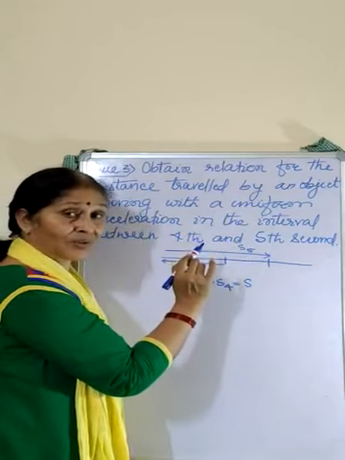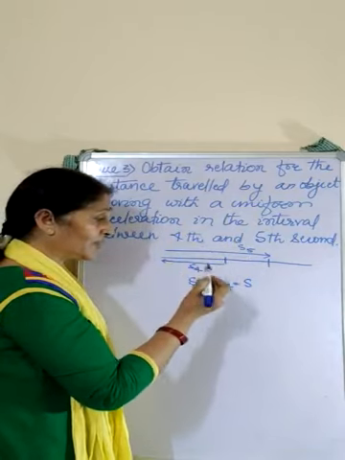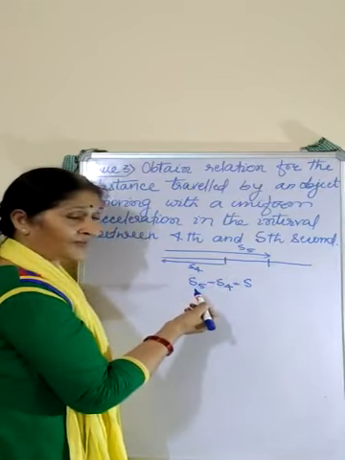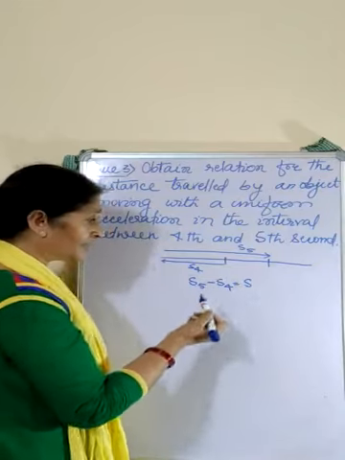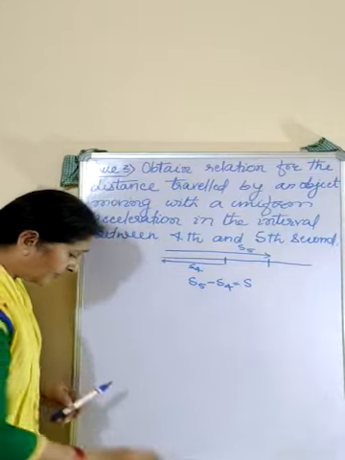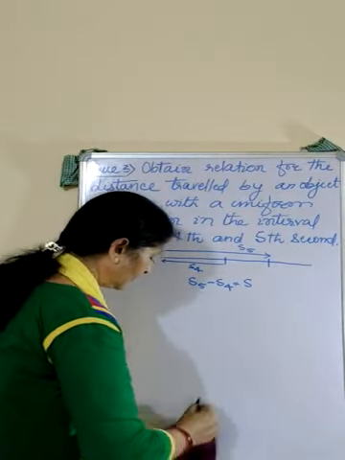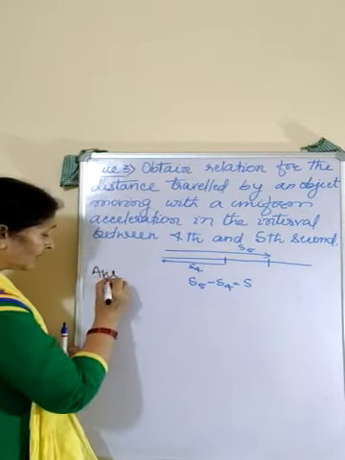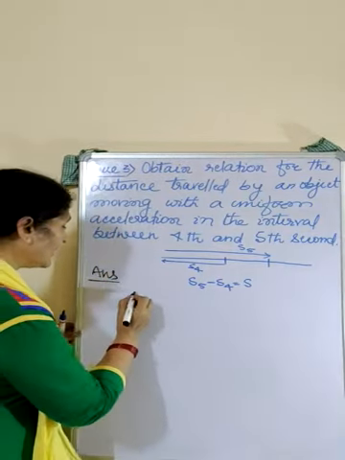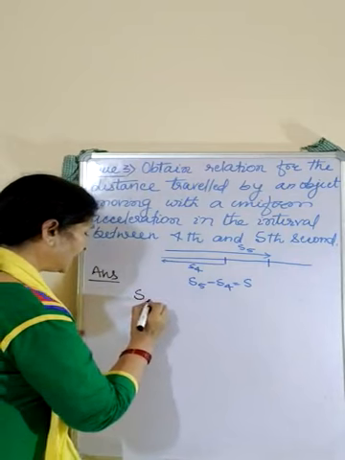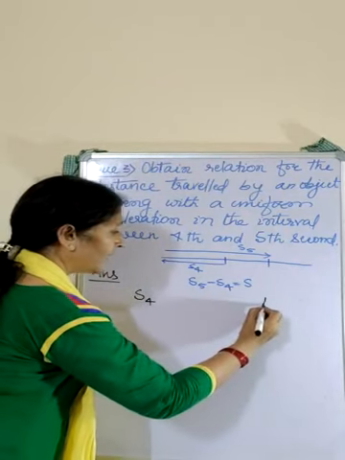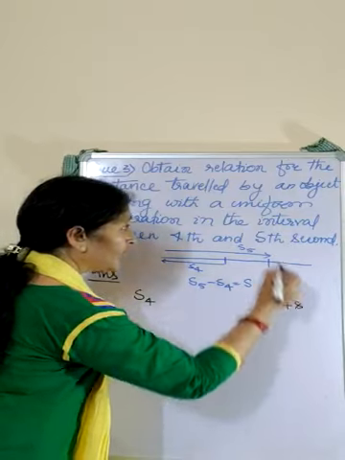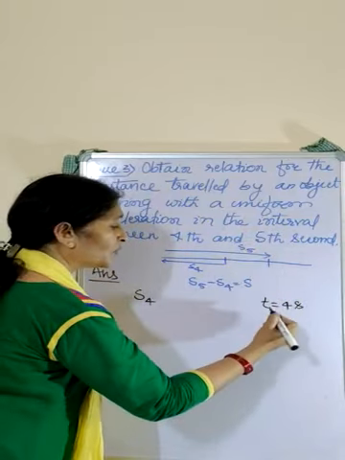So we will find S4 and S5 separately first, and after subtracting we will get the result. Distance travelled in 4 seconds. Here the time is 4 seconds and acceleration is uniform, so we will take a only.